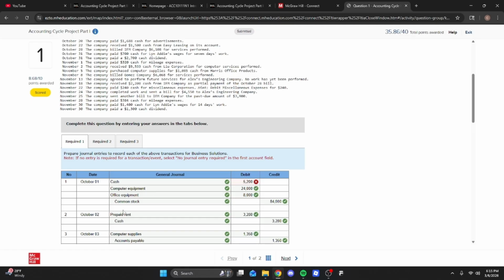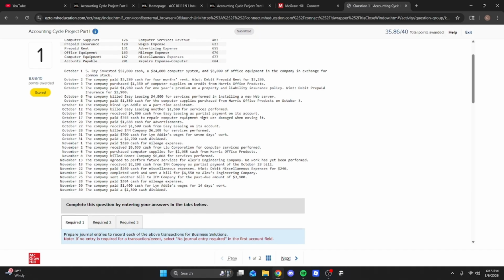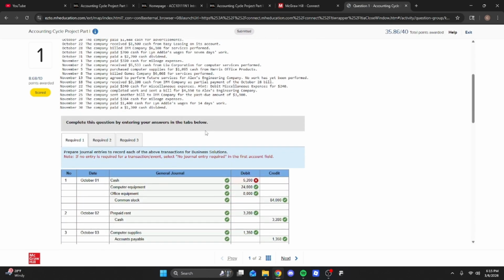For example, in our second journal entry, we see that the company paid $3,280 in cash for 4 months' rent. Hint, debit prepaid rent for $3,280. So since we are paying this cash for 4 months of rent, we're paying in the future.